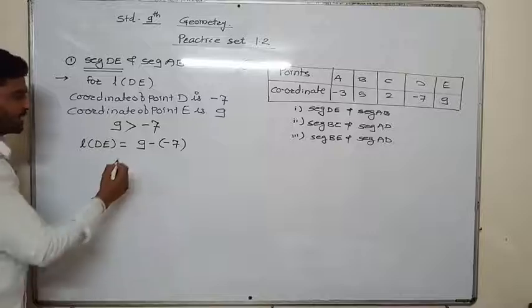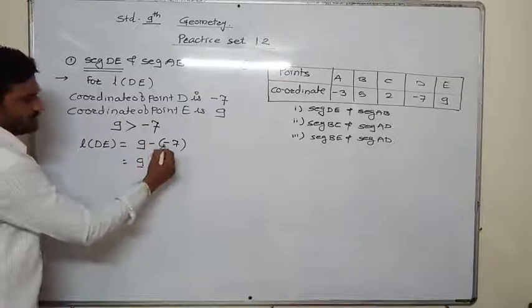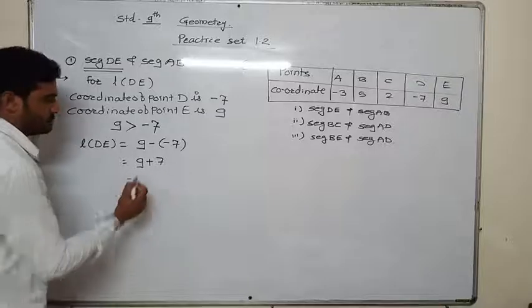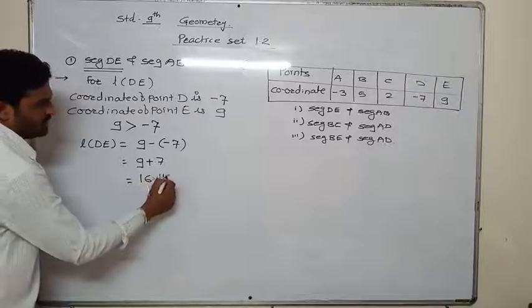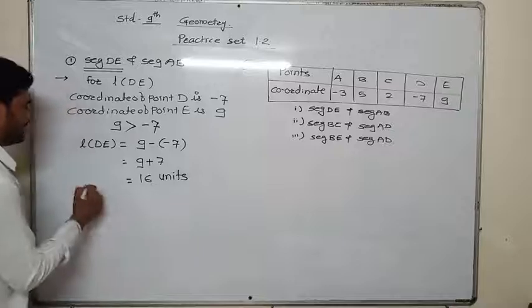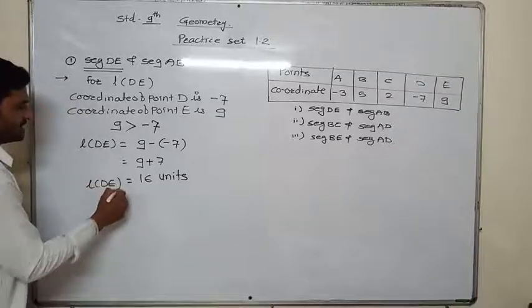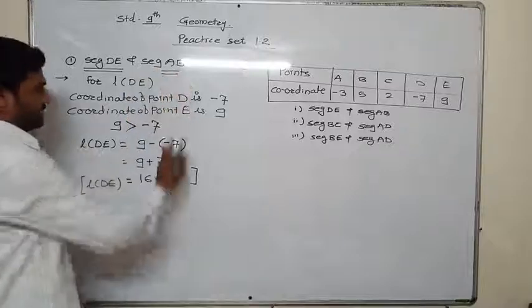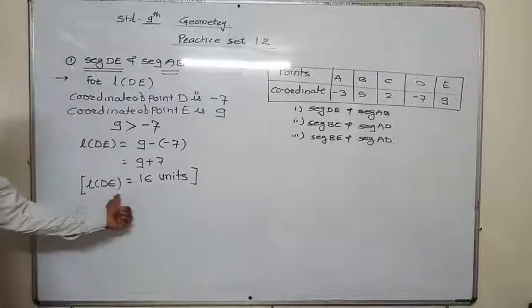Minus into minus is plus, so 9 plus 7 is equal to 16 units. That is the length of DE. In the same way, we find segment AB.